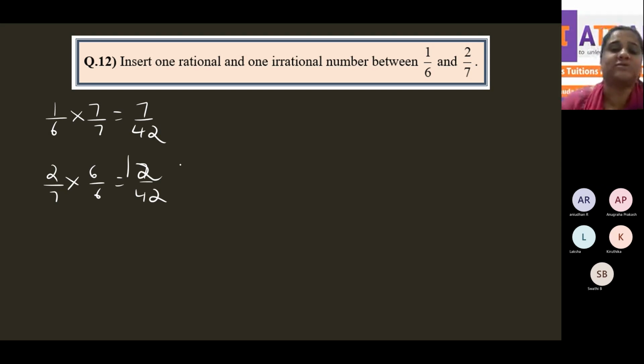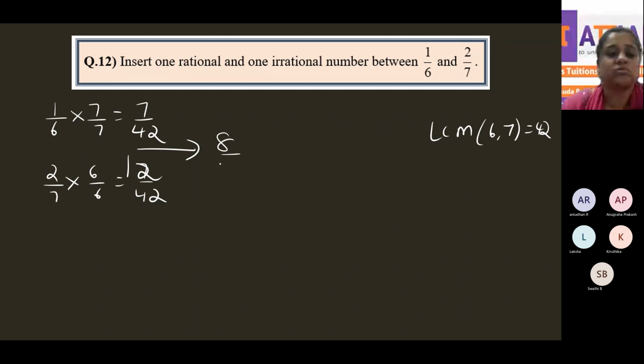Bring both the fractions to the same denominator. The LCM of 6 and 7 is 42. Now between these two, you can have 8/42, 9/42, 10/42, and you can simplify.